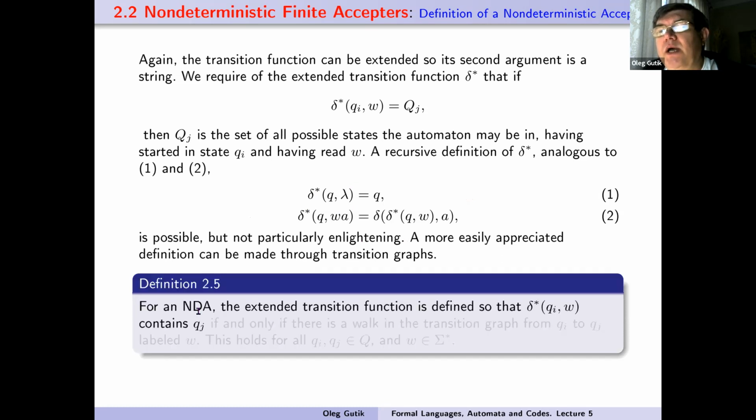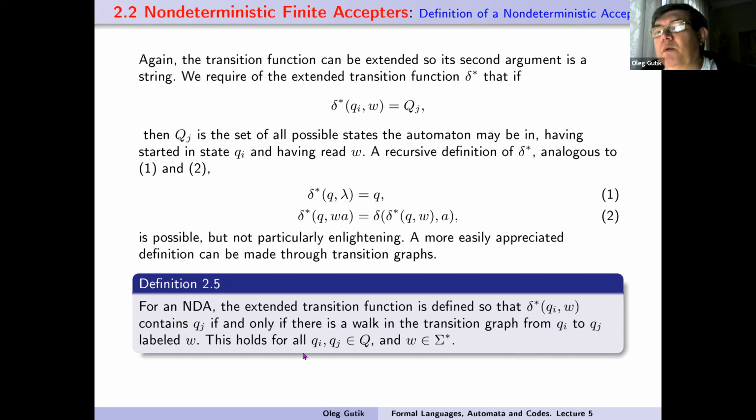Definition. For a non-deterministic acceptor, the extended transition function is defined so that delta star of Q_i, w contains Q_j if and only if there exists a walk in the transition graph from the state Q_i to the state Q_j which is labeled by the string w.